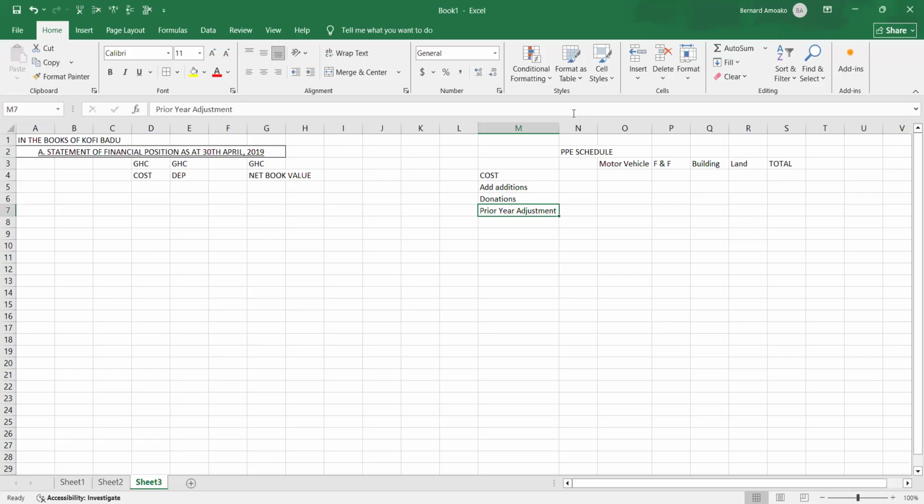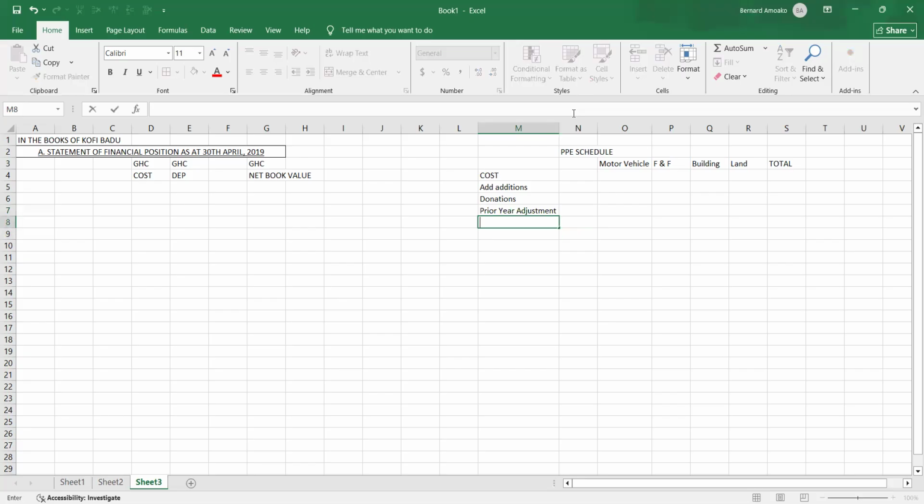So in case you bought maybe a motor vehicle, but it was treated as an expense, booked in your expenses account, you need to credit the expense account and debit the motor vehicle account with the assets that you bought during the period. And that is what we call the prior adjustment. So that error had occurred before the beginning of the year. So we need to add it to it. Now this gives us a total.